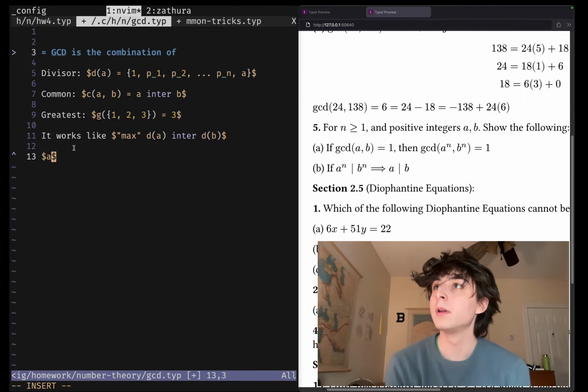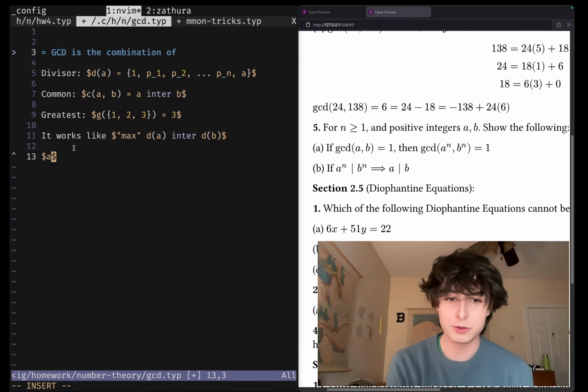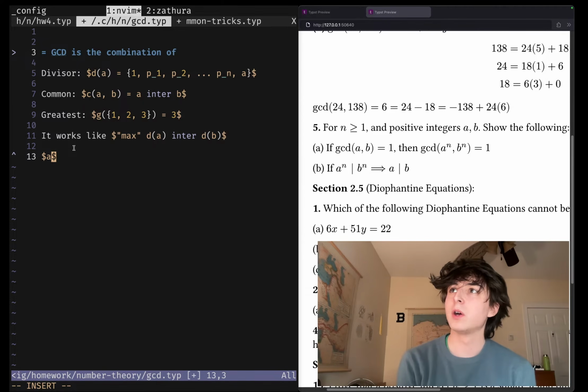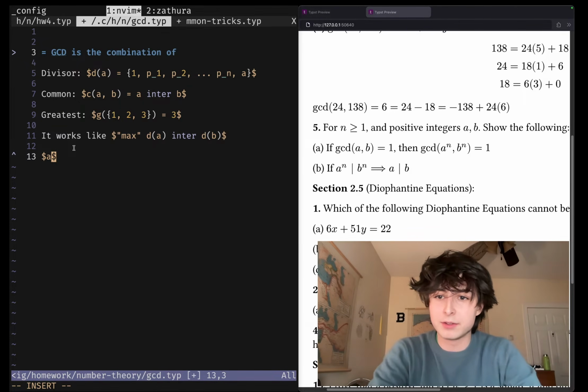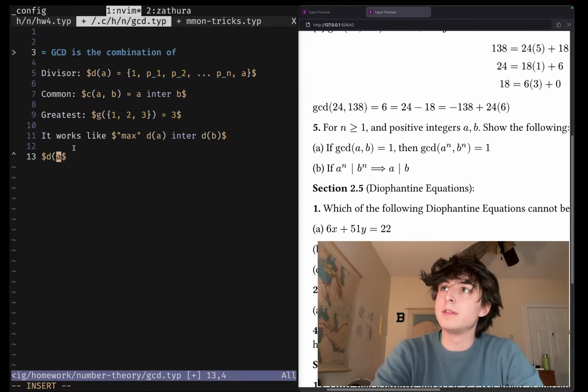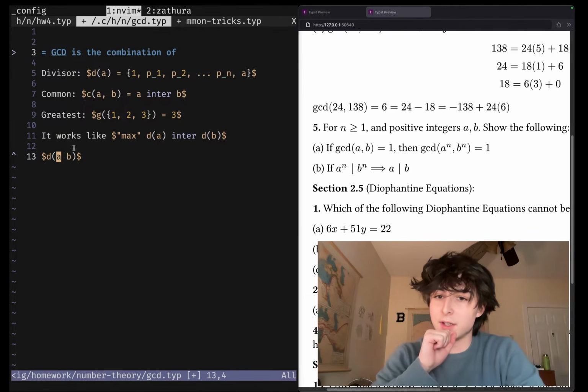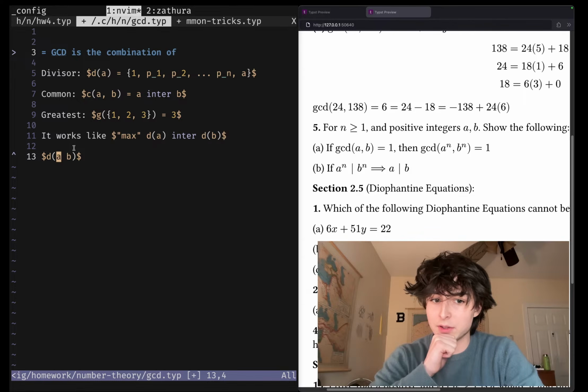So what I'm interested in is just the general divisor function. How does that behave under certain operations? If you've got the divisors of A and then you have the divisors of B, what happens if you multiply 2 things together within a divisor function?